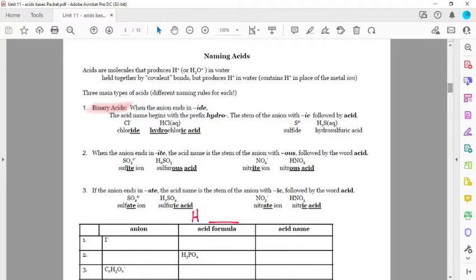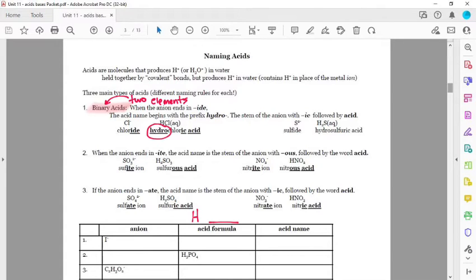That means that there are just 2 elements. That's what binary means. And because one of those elements is H, then that means that we just have one other single element with our H for 2 total elements. So these are the shortest, simplest formulas, and their names are always going to follow a predictable pattern.